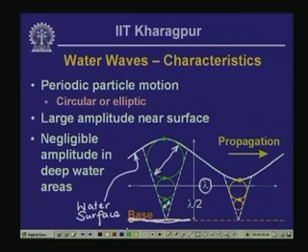Now this periodic disturbance propagates in a certain direction, and because of the propagation of this wave it carries energy from one point to the other within the body of the water.